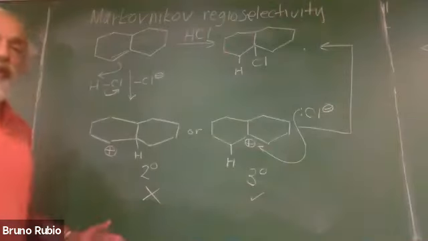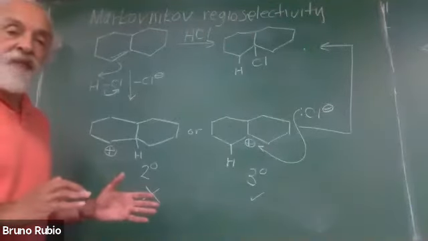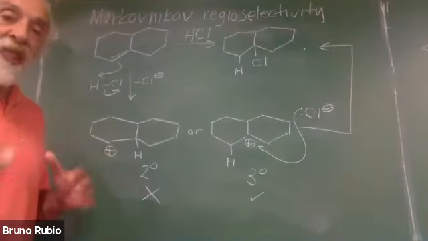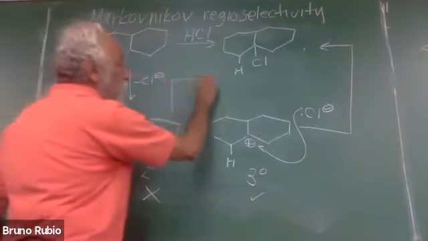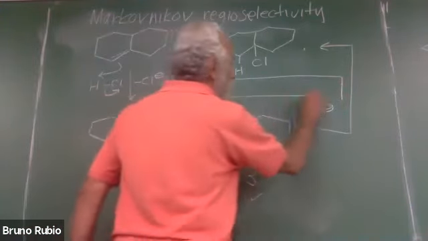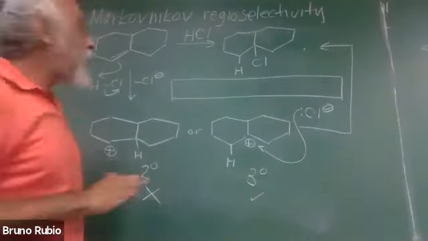So when you hear me say Markovnikov regioselectivity, or if a reaction exhibits Markovnikov regioselectivity, what I am saying, and I'm just going to put it right here because I don't need any more room. What does Markovnikov regioselectivity mean?